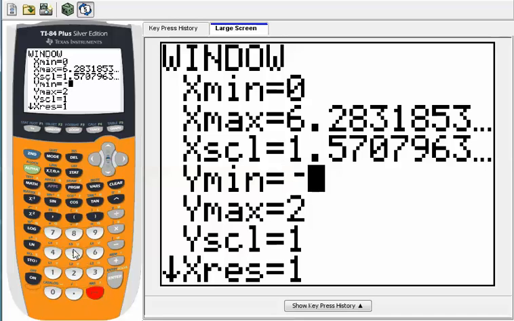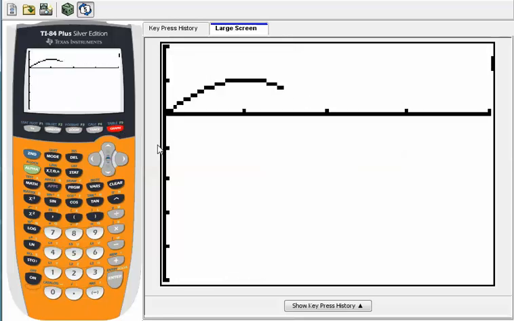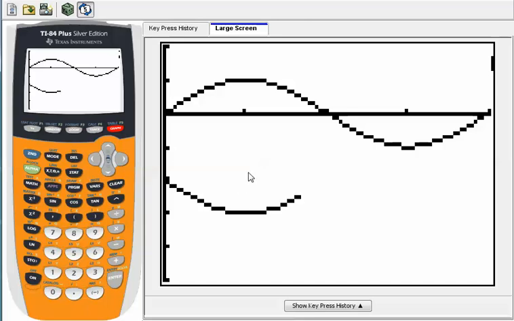Let's make this negative 5. And here we are. There, we can sort of see how it's going. Okay, so this point here has been moved to the left from here, and this little downward slopey area here is down by 2 units from here.